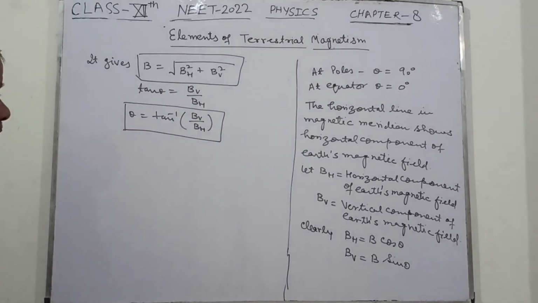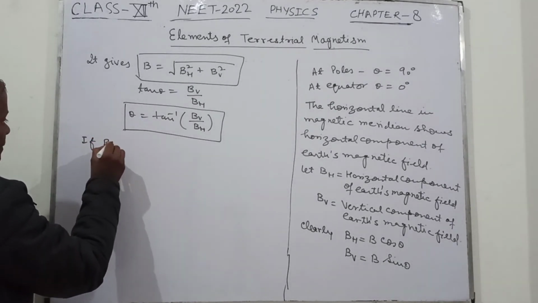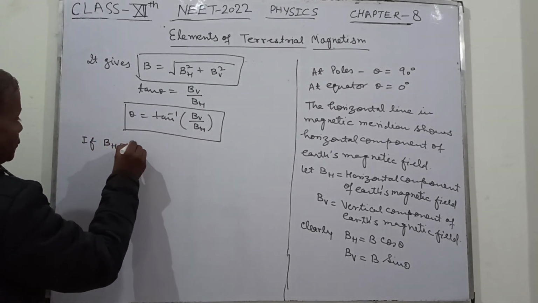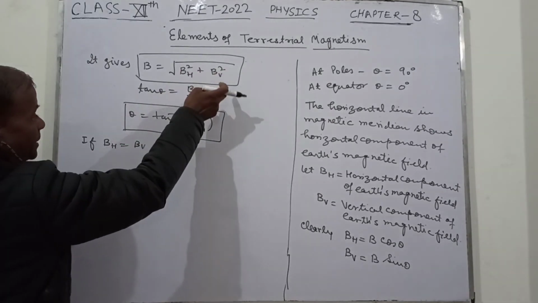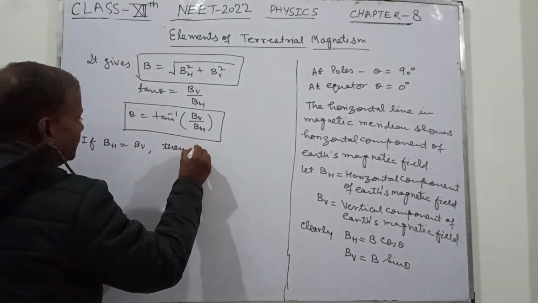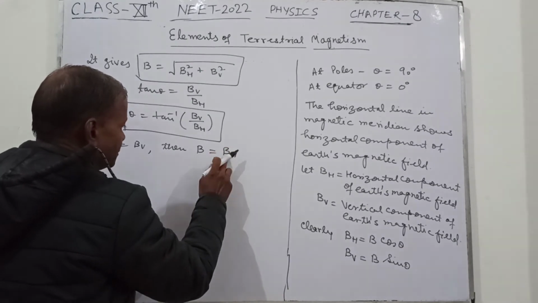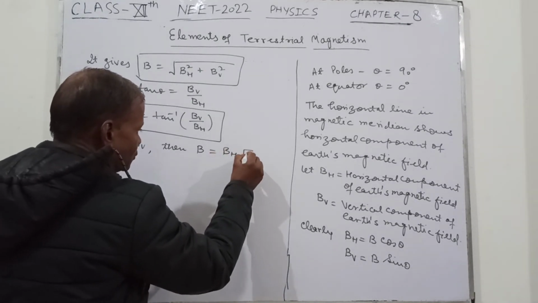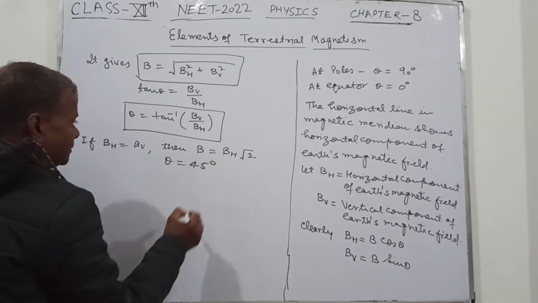And you can see from here that if BH equal to BV, meaning both the components are equal, then B equal to BH root 2 and theta equal to 45 degree.